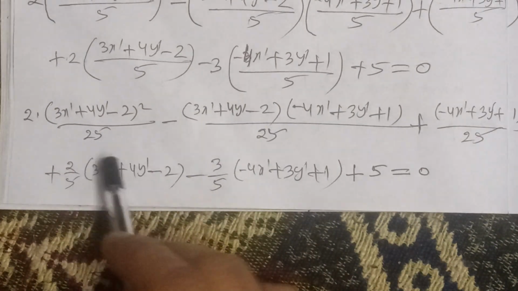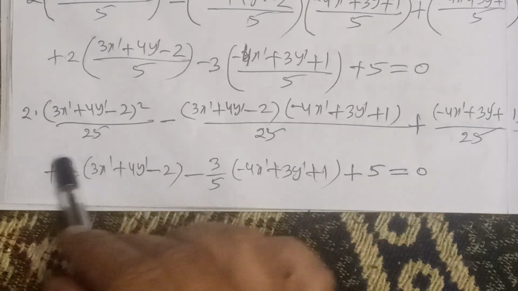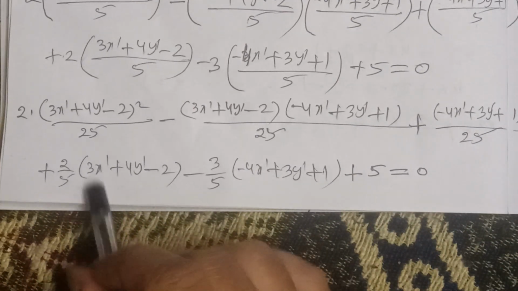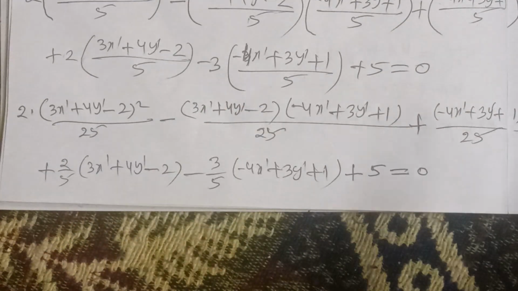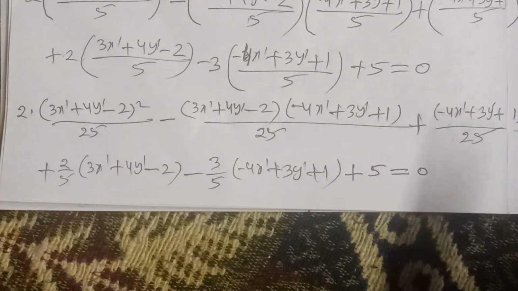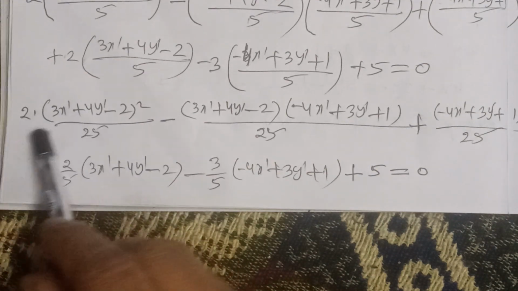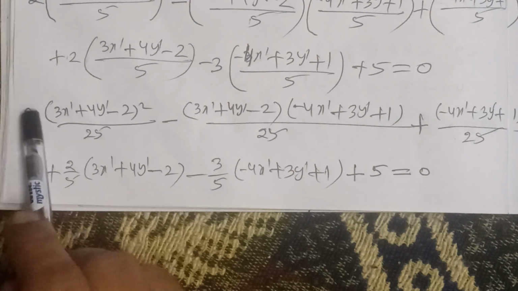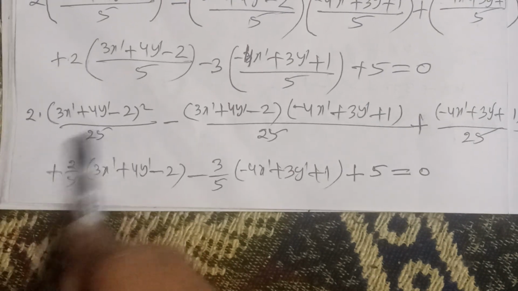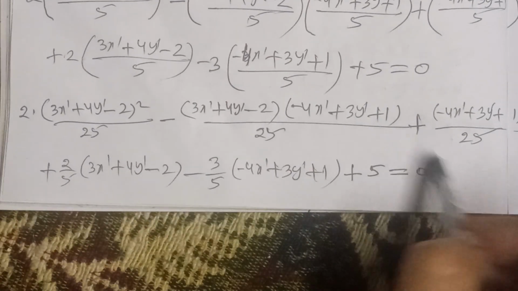So I want to remove 25 from the denominator. Not only 25, but I want to remove all denominators. So I multiply the whole equation by 25. When we multiply 25 here, then 25 is completely cancelled out in this term.